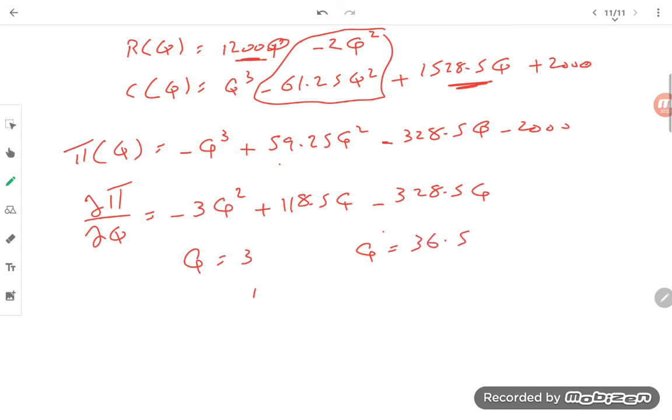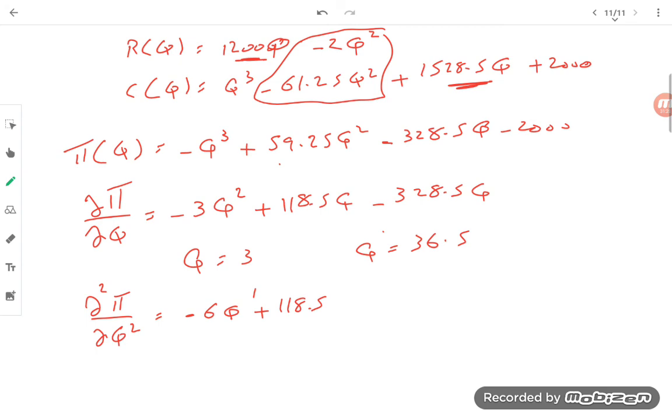Then we have to find the second derivative. It will be negative 6q plus 118.5. We are going to substitute using the values of q to identify which one of them is a maximum point and which one is a minimum one.